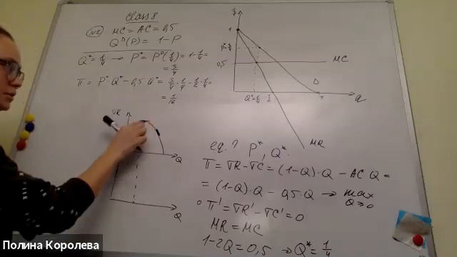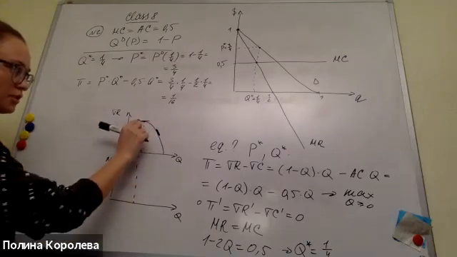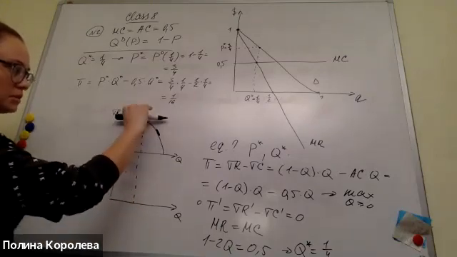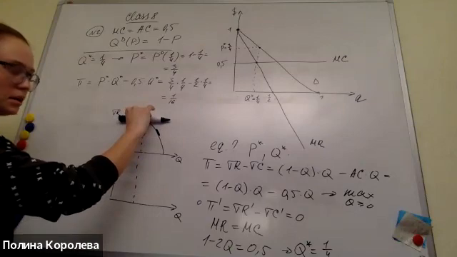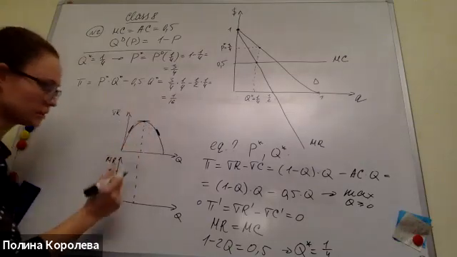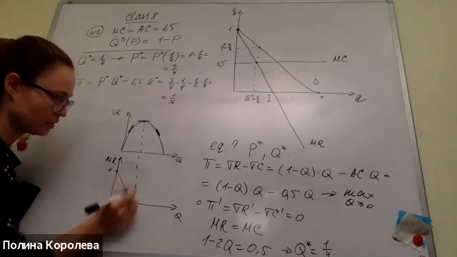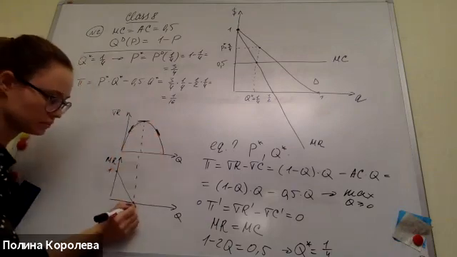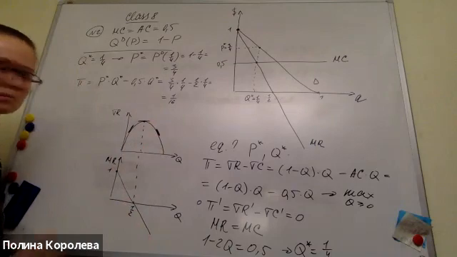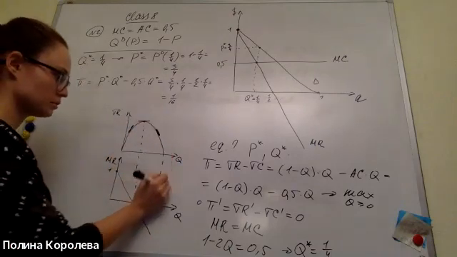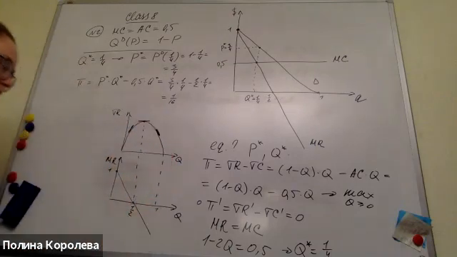When we have maximal total revenue, marginal revenue will be equal to 0 because the slope of the tangent line is 0, at 1/2. And then the slope is negative. Like this. Oh, good. It makes sense, I guess. I hope.